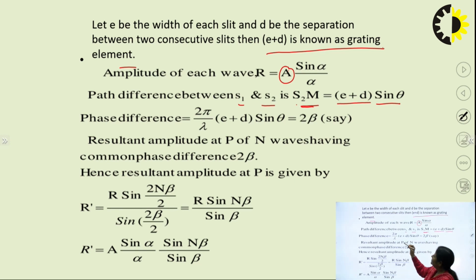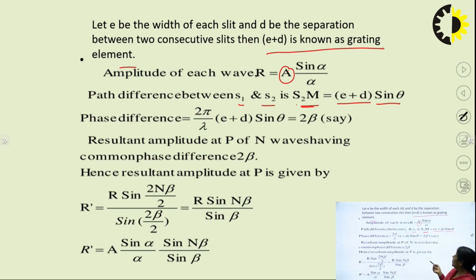All right. And then we use this path difference and substitute in the formula of phase difference, that is 2 pi by lambda, and then the path difference. So the phase difference, which is generally denoted by delta, turns out to be equal to 2 pi by lambda E plus D sine theta.